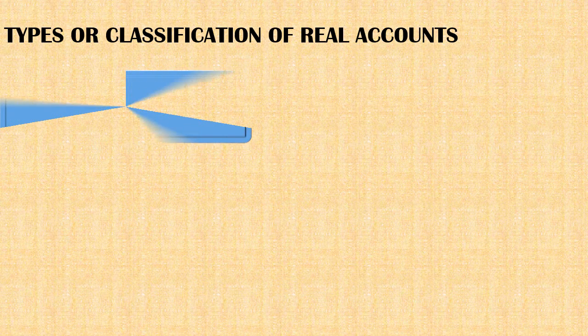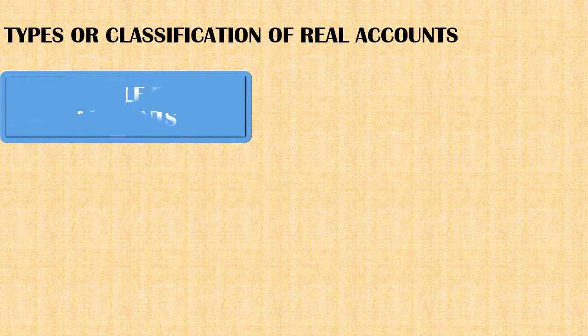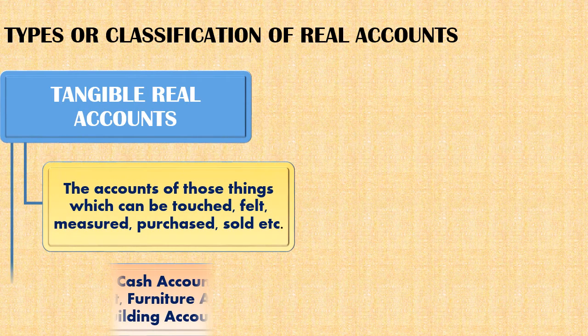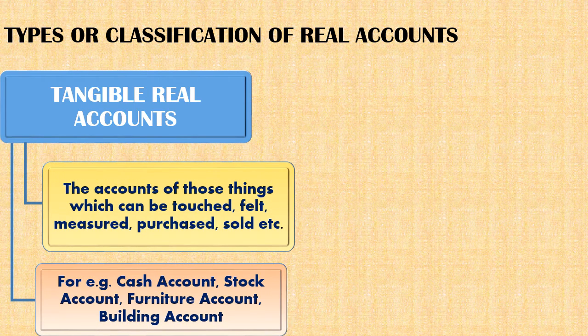Now let us look into the types or classifications of real accounts. Tangible real accounts: the accounts of those things which can be touched, felt, measured, purchased, sold, etc. So tangible means something which we can touch and feel. Examples: cash account, stock, furniture, building, land, machinery.